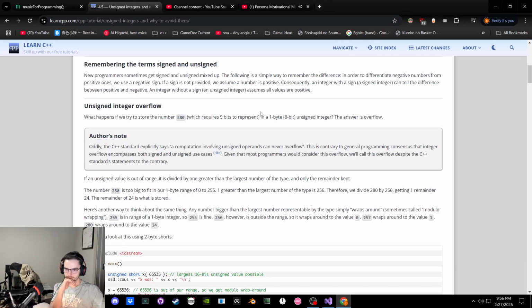Unsigned overflow. Has to still be undefined, right? But maybe we call it different? Oh.